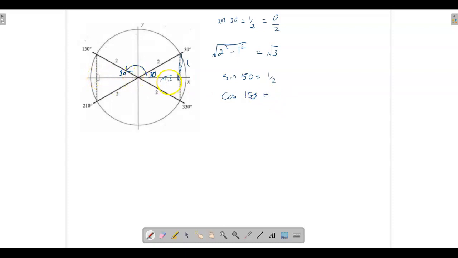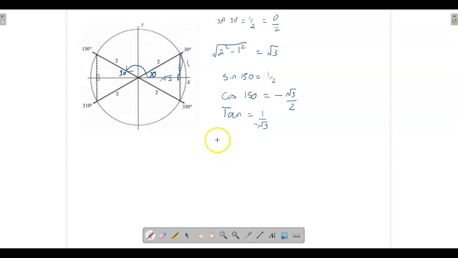And that adjacent is root 3. But it's not just root 3, it's negative root 3 divided by 2. So cosine 150 is negative root 3 divided by 2. And tan, well, that will be opposite, which is 1, divided by negative root 3.